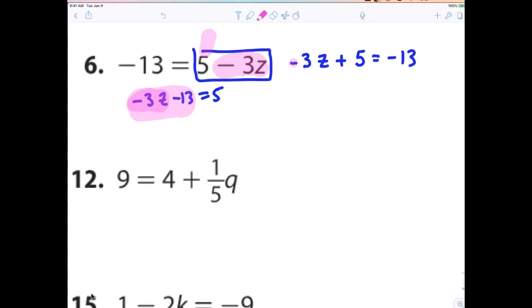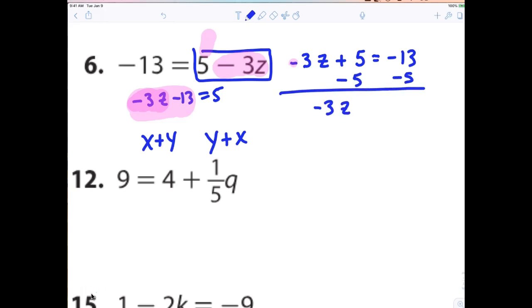Yeah, that's what we're doing. Now, what I did here, do you understand? All I did was switch the order of the 5 and the 3z. Not moved it, but just how you wrote it. It's kind of like if I say, for example, x plus y, that's the same as writing y plus x. That's what I did. Do you agree with that? All right, now to finish solving this. Minus 5.